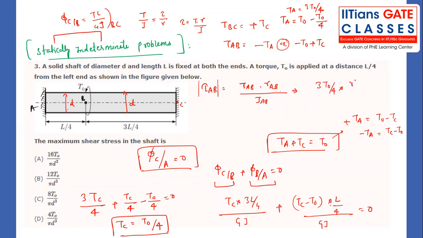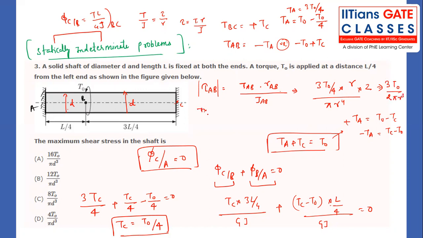RAB is the radius R. J is pi d power 4 divided by 32, or pi r power 4 divided by 2. So what I will be writing is 3T naught divided by 2 pi r cube.